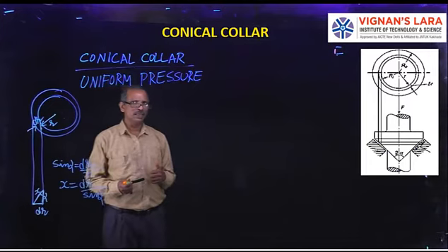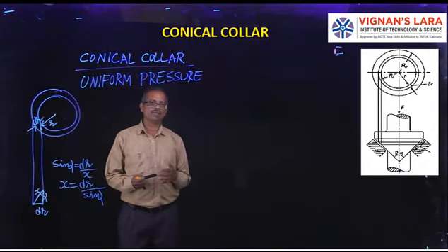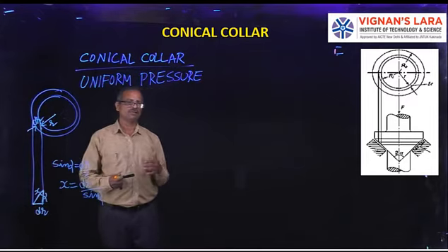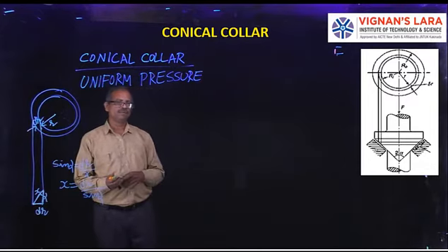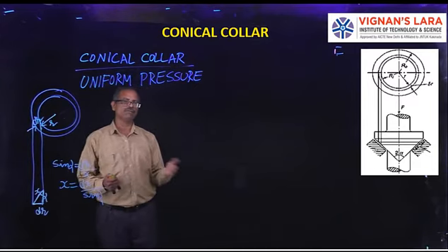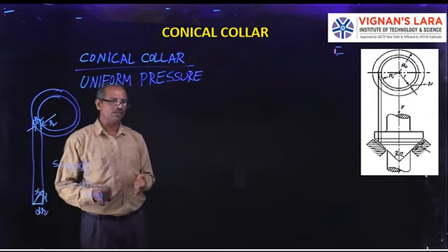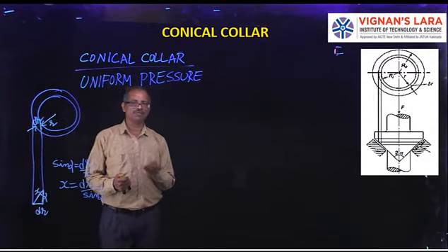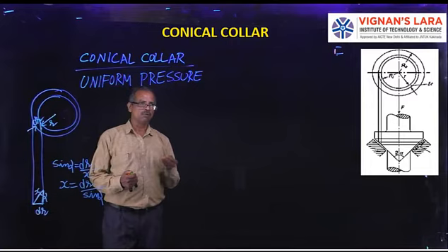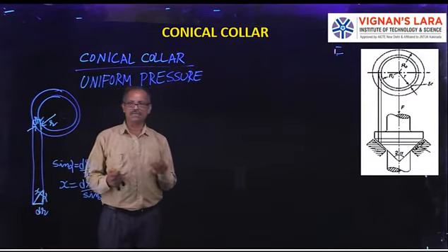Now let us see in the conical collar how we can apply uniform pressure theory as well as uniform wear theory. First I will discuss uniform pressure theory in a conical collar, then we will go for uniform wear theory. They are very simple, only a small parameter will change in the conical collar. What makes the difference, let me explain.